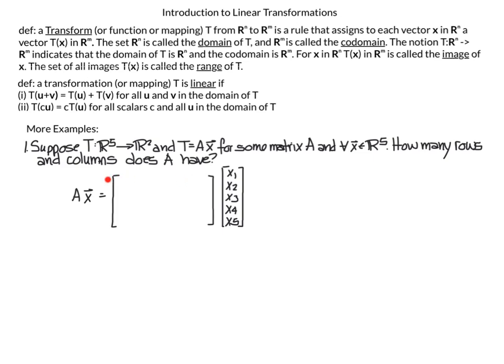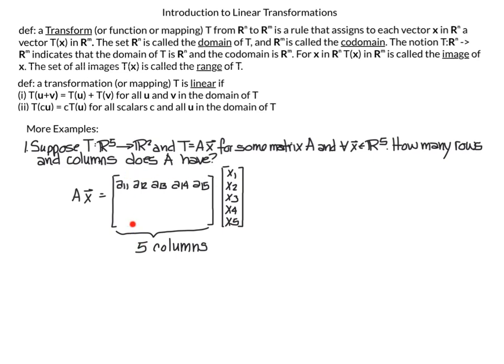Since we multiply the rows of A times the column X, that tells us something about the length of the row of A. In particular, the row of A has to have 5 elements to multiply by X1, X2, X3, X4, X5, right? We're going to have A11 X1, A12 X2, A13 X3, A14 X4, and A15 X5. So we're going to have 5 columns.